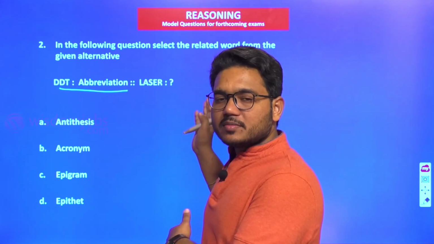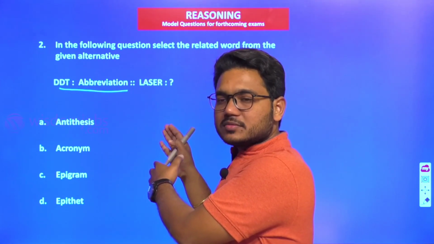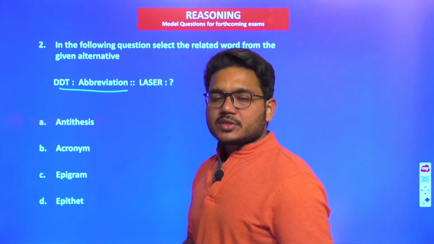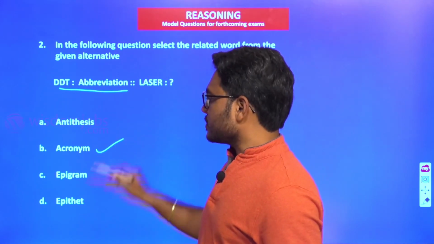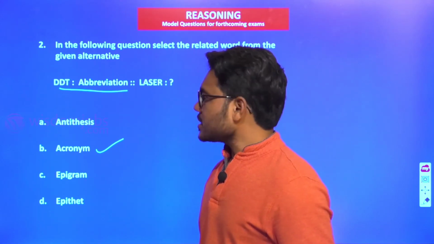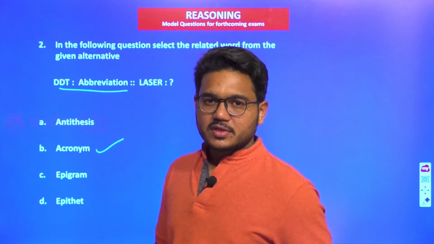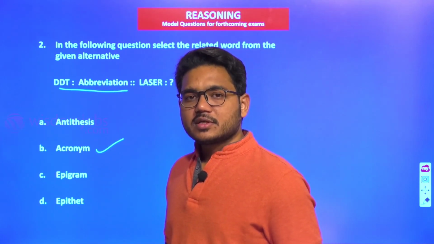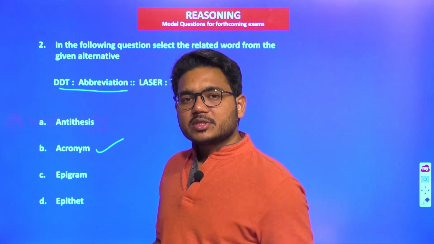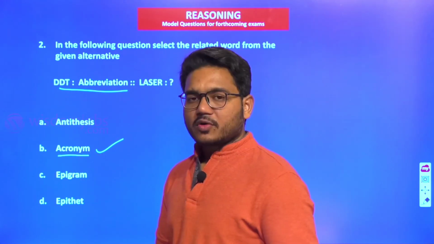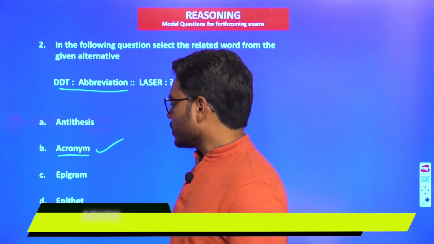Each letter has a meaning, the initials are taken, and it is popular as a single word. Such names are called acronyms. Usually we know it as abbreviation, but in particular when that word is popular as a single word, it is called an acronym. Okay, so we'll move ahead.